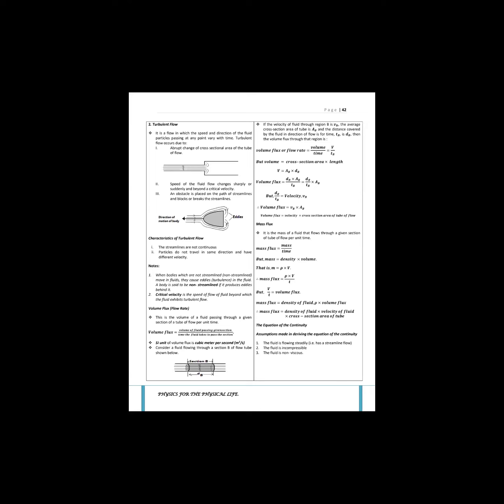Now, if we replace V over T with volume flux, mass flux will therefore be the density rho multiplied by the volume flux. But we already know that the volume flux is velocity times area. That is how we get the mass flux to be density rho multiplied by V multiplied by A.